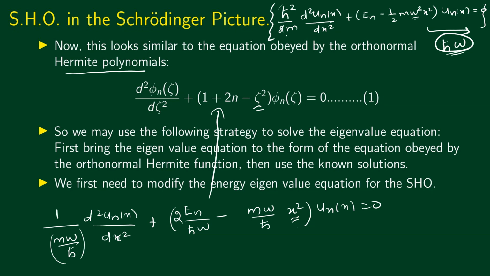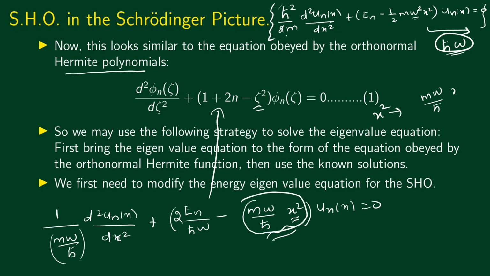Now we see that if my variable of differentiation was square root of m omega by h bar multiplied by x instead of x, then the work will be done.